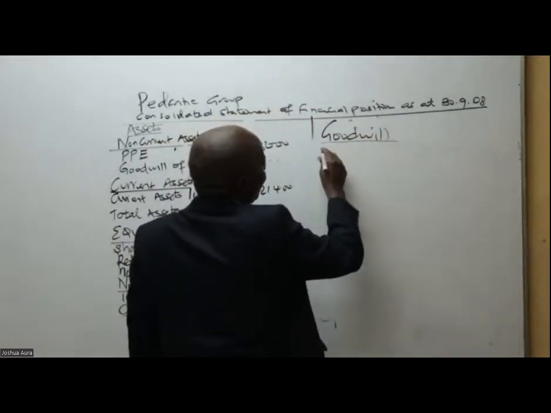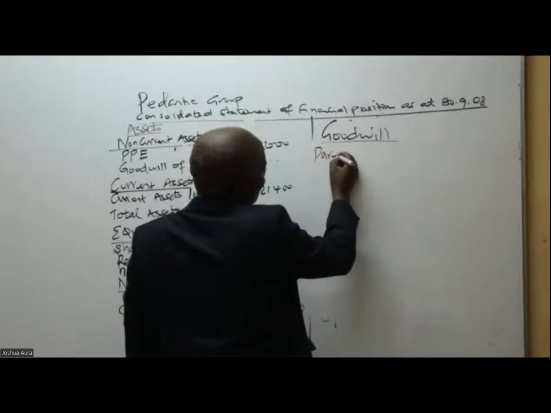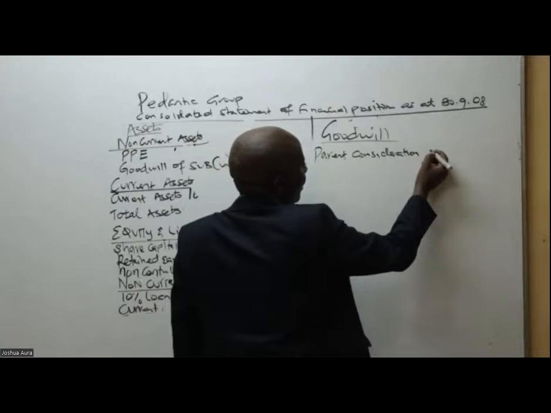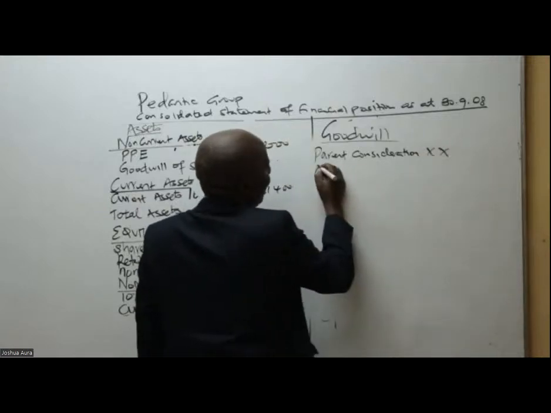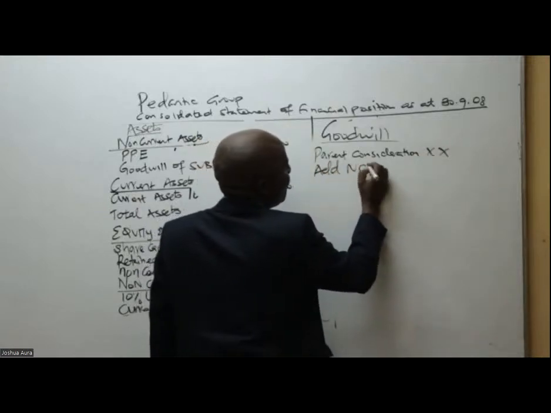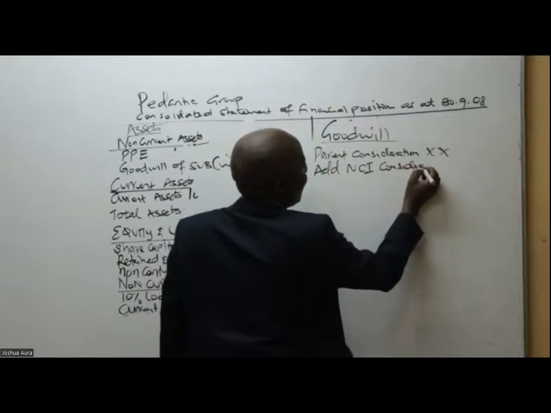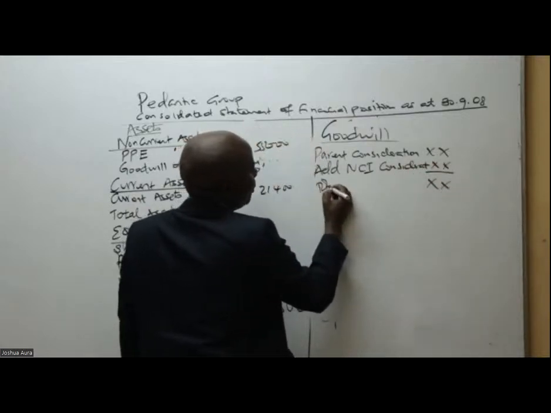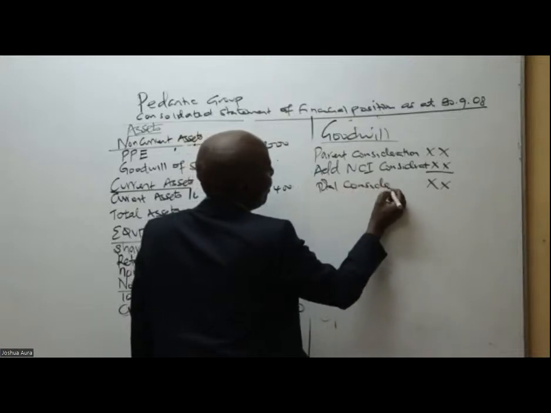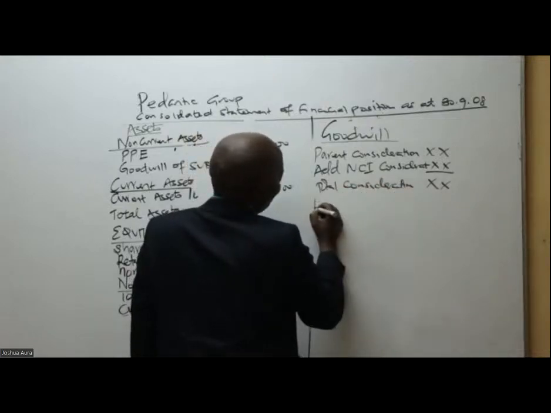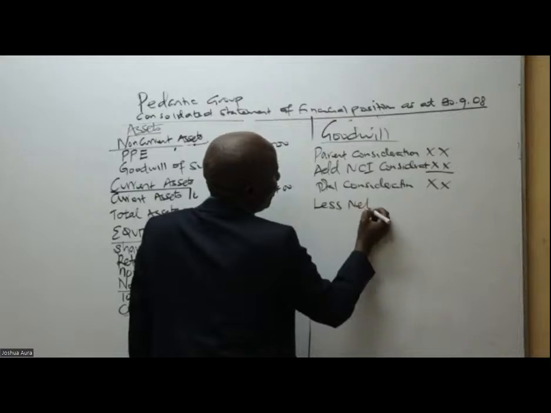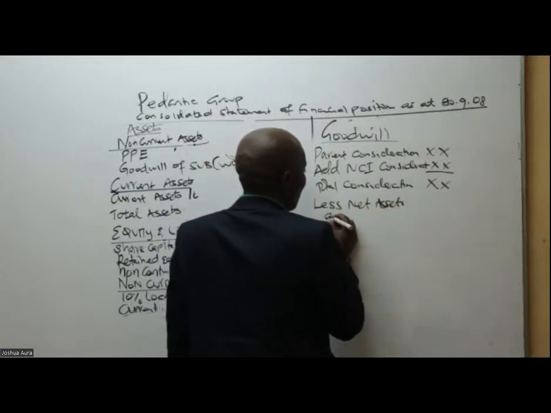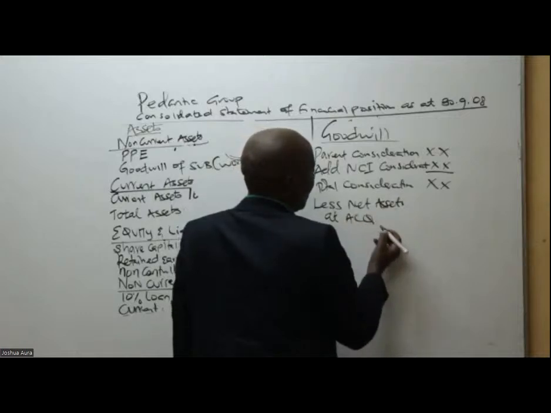To get Goodwill, we normally take the parent's consideration and add the NCI's consideration. Add like that, and you get the total consideration. Then you say less net assets at acquisition, the figure that you had of 11,000.